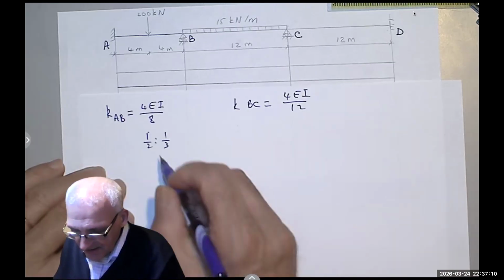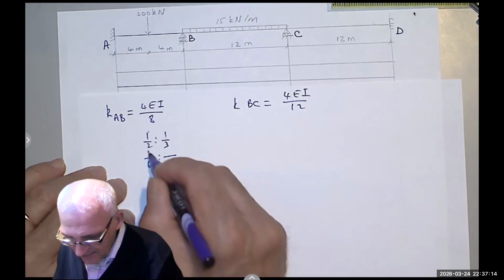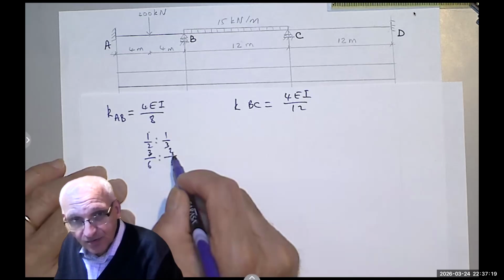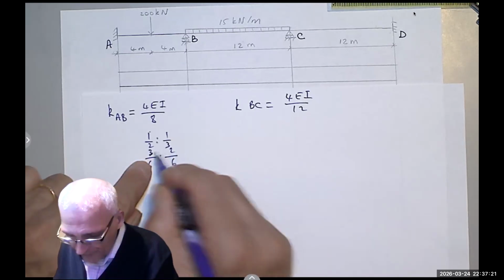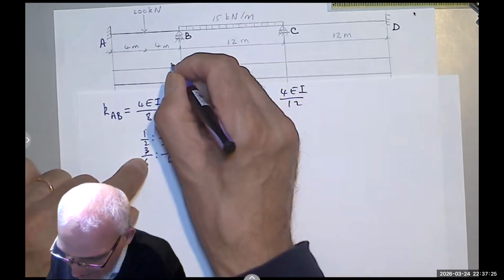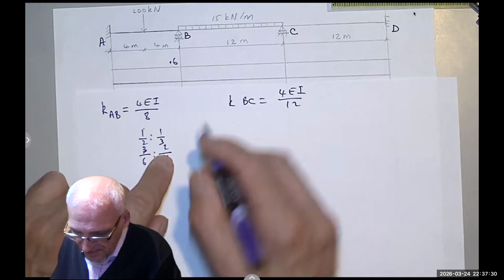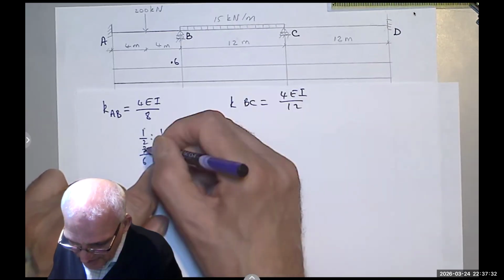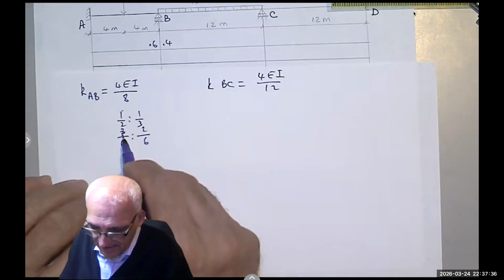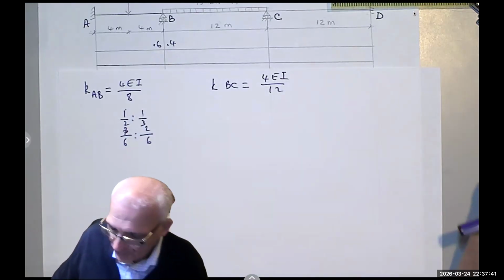If you take a common factor of 6, you get 3 to 2, meaning they add up to 5. So this is 3/5, which is 0.6, and this is 2/5. The ratio is 3 to 2, or 6 to 4, meaning 0.6 to 0.4.